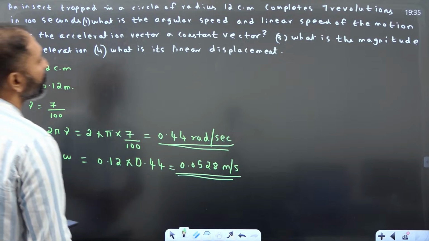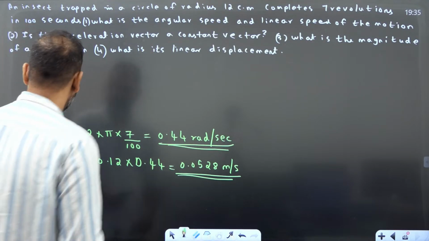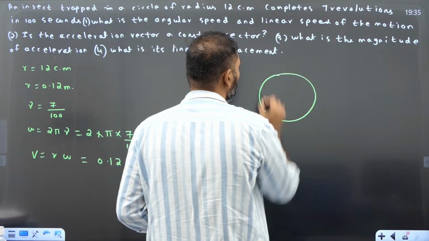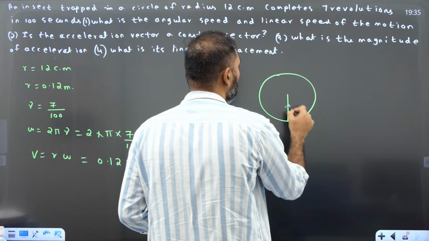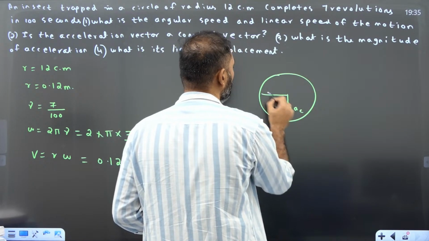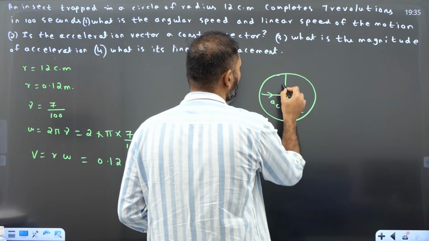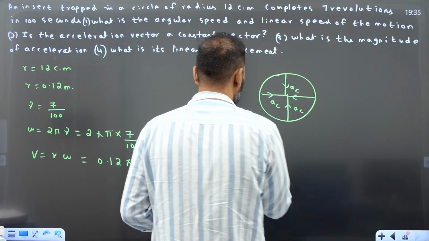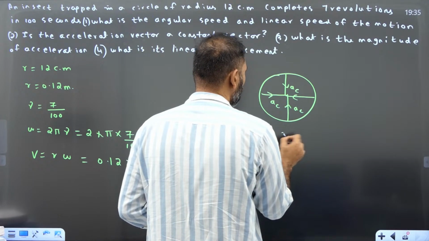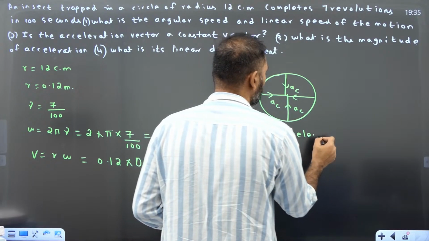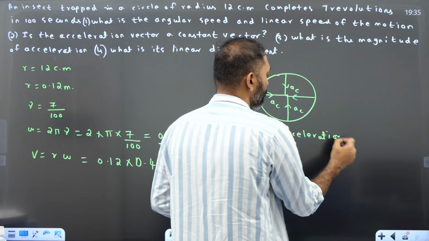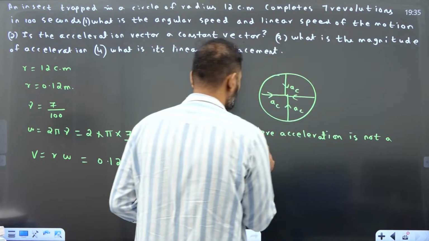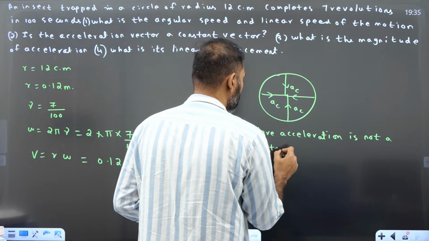Now, what is the third question? What is the magnitude of acceleration? Since the insect moves in a circular path, acceleration will always be towards the center. So, is acceleration a constant vector? No. Acceleration is not a constant vector.